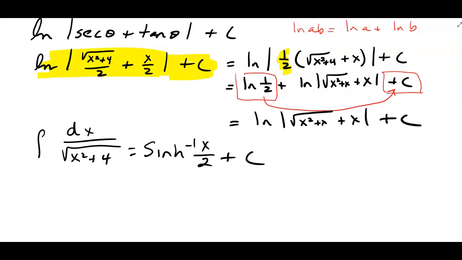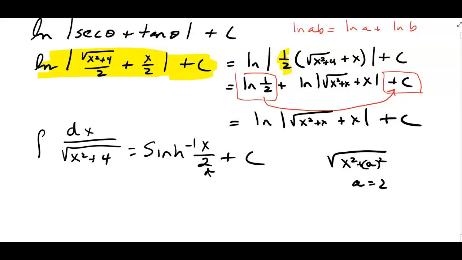If you did take the time to memorize your inverse hyperbolic formulas, you would see that it is one of them, where the radical is of the form x squared plus a squared, where a equals 2. So that's where that 2 comes from. It just comes from the formula.